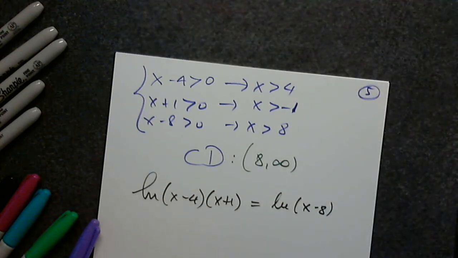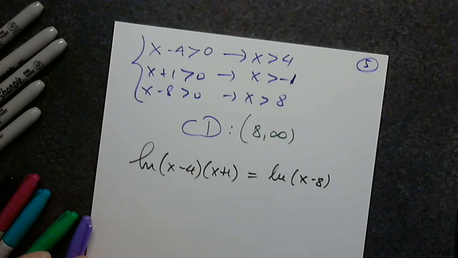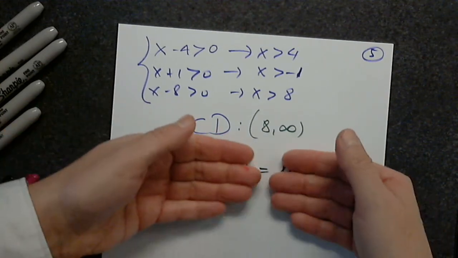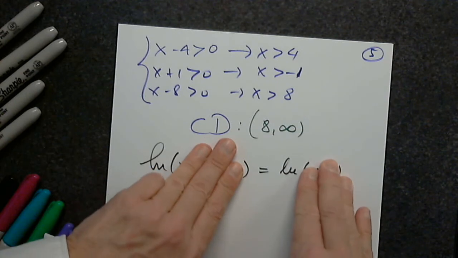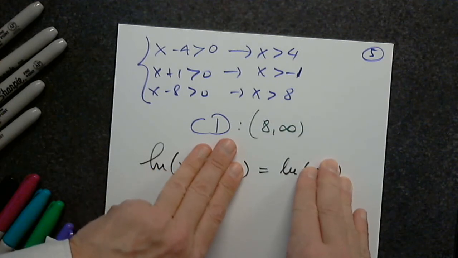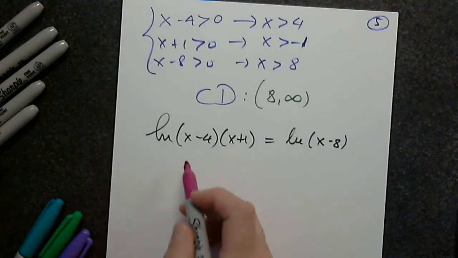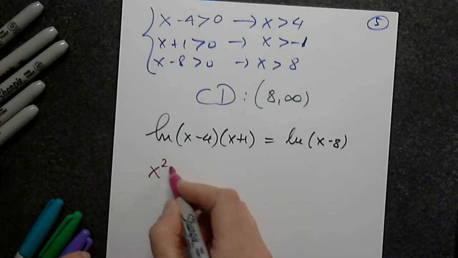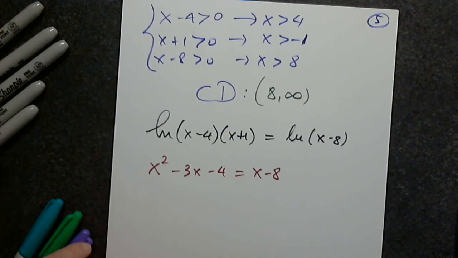And what do we do now? Because there is no need to change it into an exponential equation, we're going to say 2 logs are equal and they have the same base. What has to happen here? They should be equal to each other. Very good. So I'm going to expand this into x squared minus 3x minus 4 equals x minus 8.